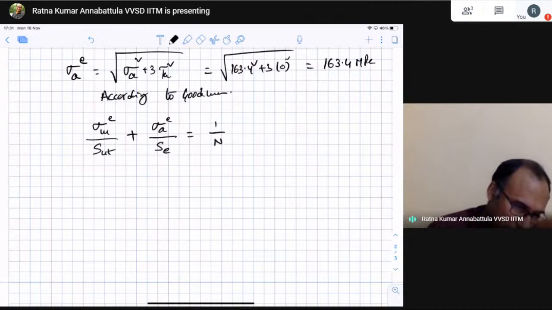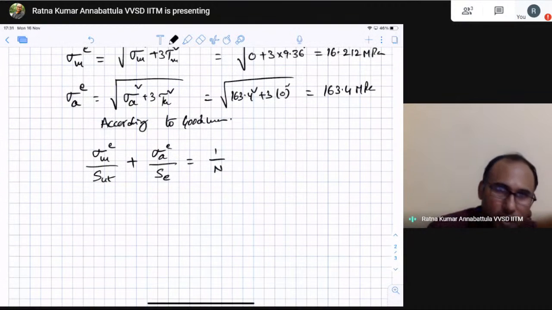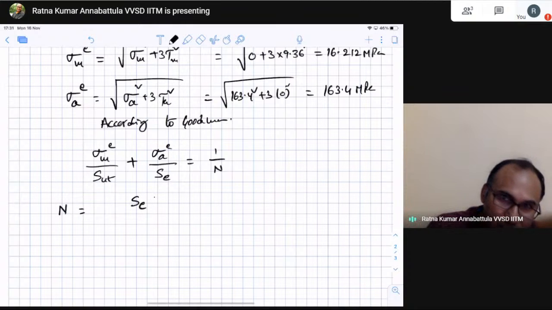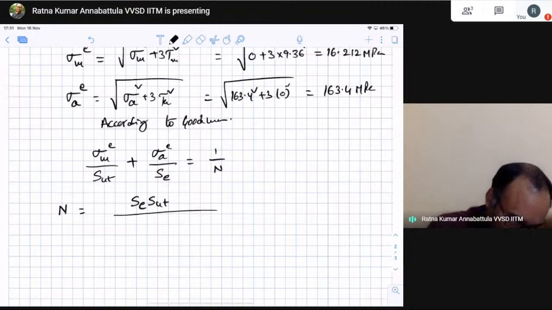So the factor of safety will be equal to SE times SUT divided by sigma ME times SE plus sigma A times SUT.